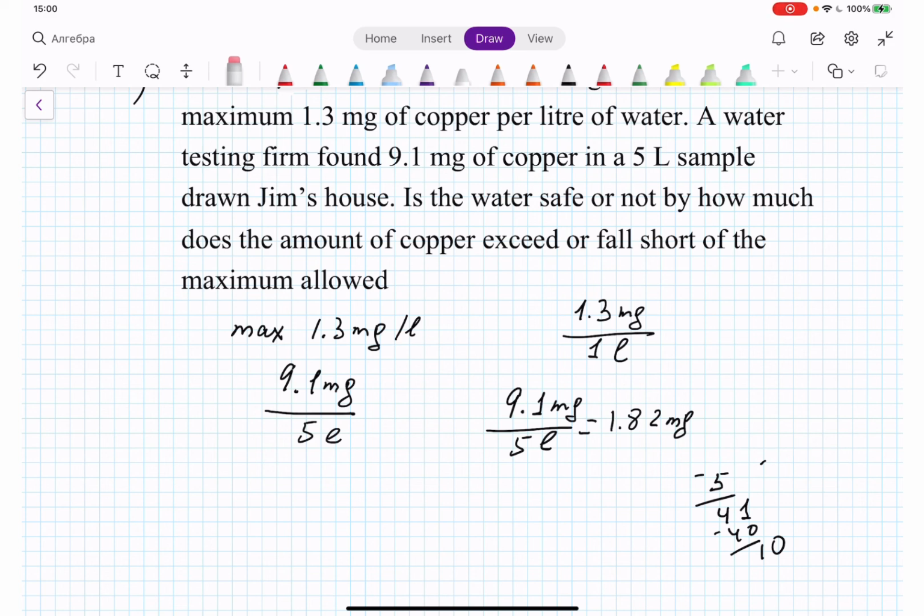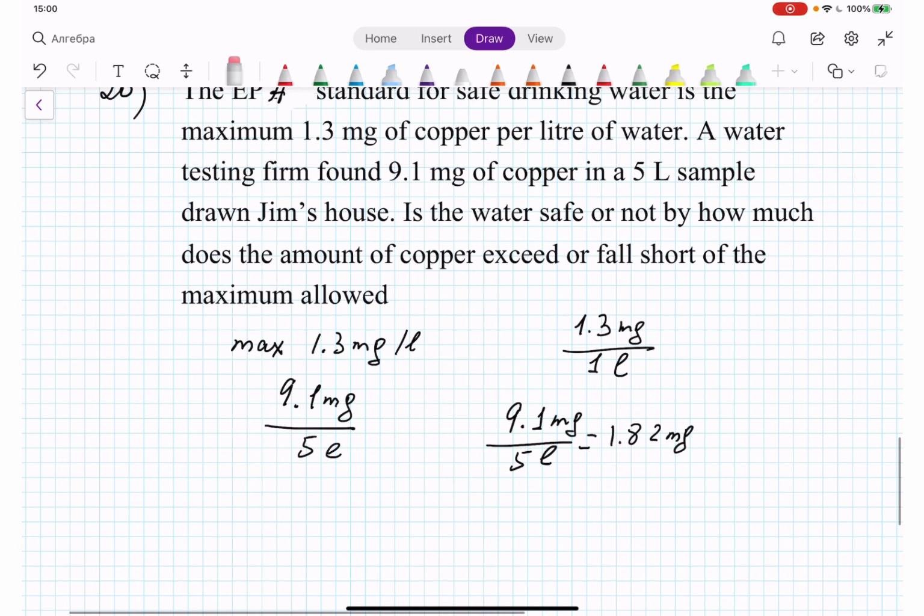So maximum is supposed to be 1.3, we got 1.82. By how much is it more? 1.82 minus 1.3: 2, 8 minus 3 is 5, and 0. So 0.52 milligrams more per liter, milligrams of copper per liter.